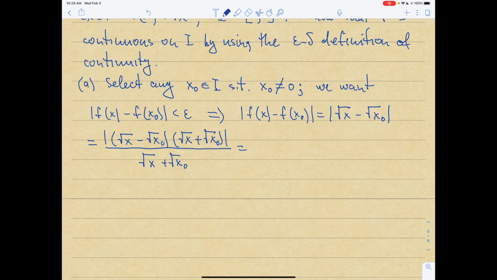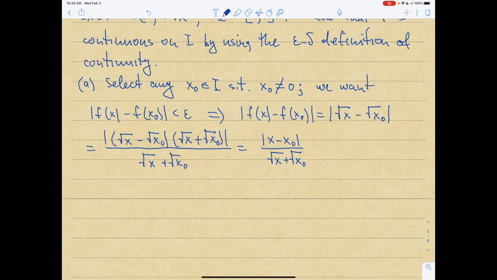So this will become, right, square root of x plus square root of x0 is positive, so I don't need the absolute value there. All right, so we get absolute value of x minus x0 in the numerator, square root of x plus square root of x0 in the denominator.